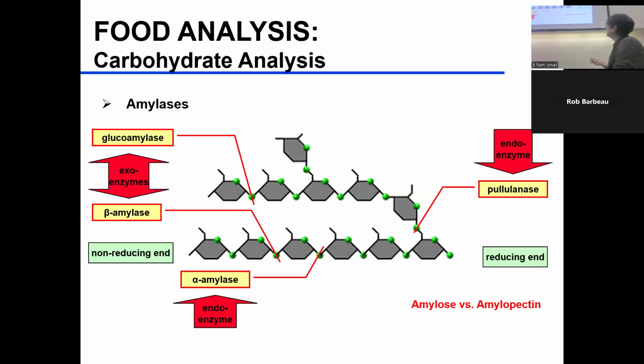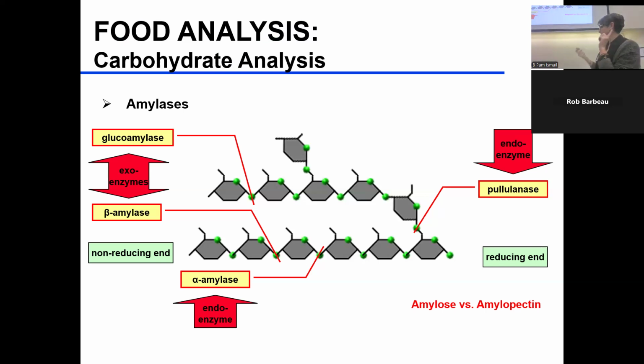So when I want to measure total starch, I want to make sure I have alpha amylase there that cuts. Sometimes it can also cut alpha-1,6. Sometimes you add pullulanase, sometimes you don't. And then I want to make sure I have glucoamylase, because I want to break everything into single glucose units.